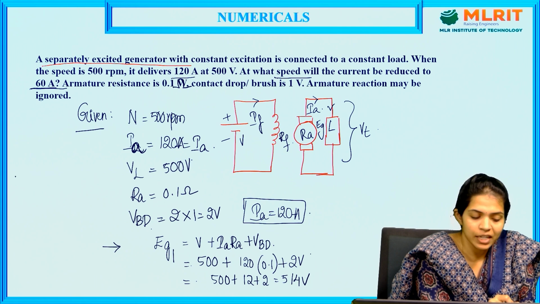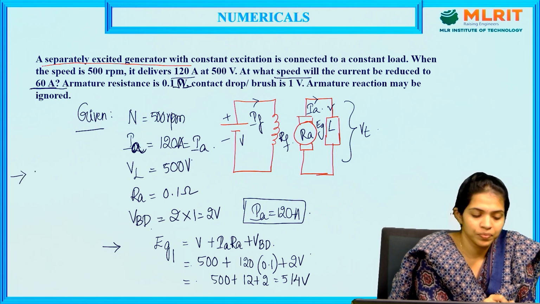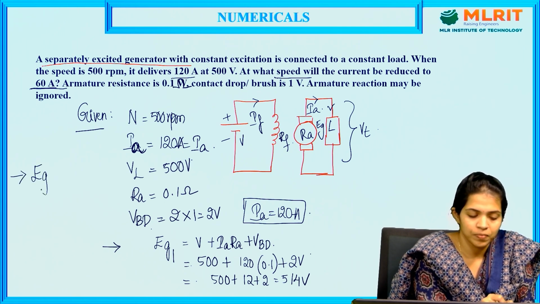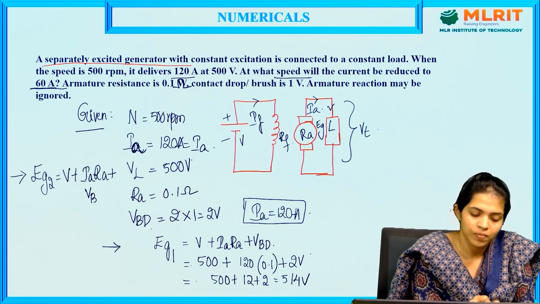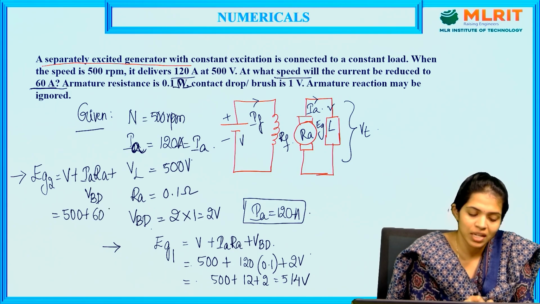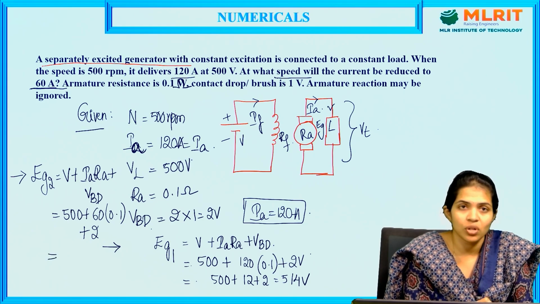Now calculating EG2 using the same equation, but the current will now become 60 amperes. It is again 500 plus 60 amperes multiplied by the resistance 0.1 ohms, added to the brush drop, that is 2 volts.